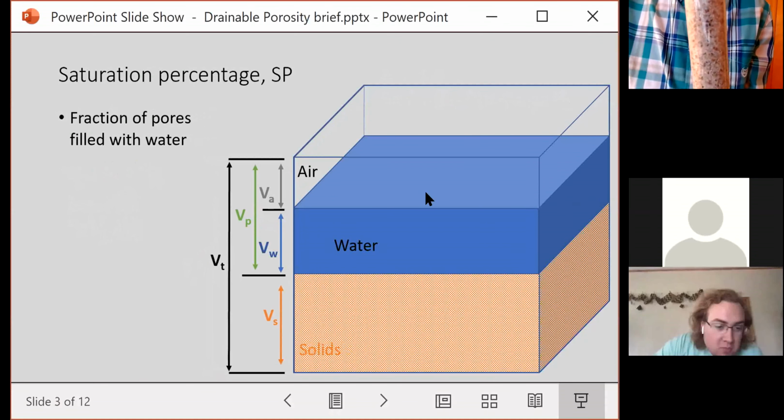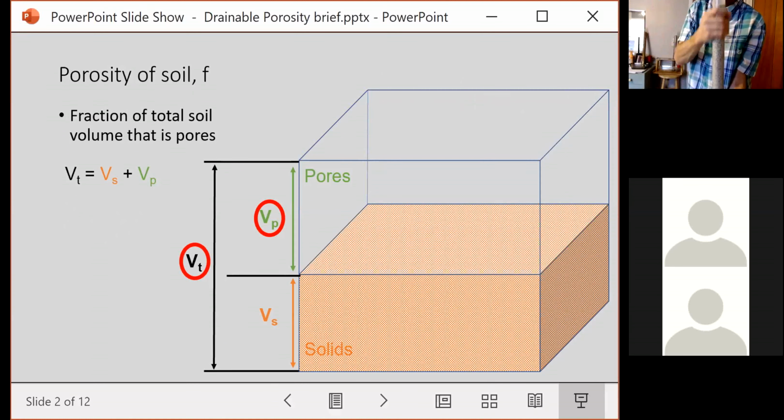That volume is occupied by, particularly here at the top, because it's dried by evaporation, solids and spaces between the solids, voids, those pores. And the pores are relatively large because this is a coarse sand.